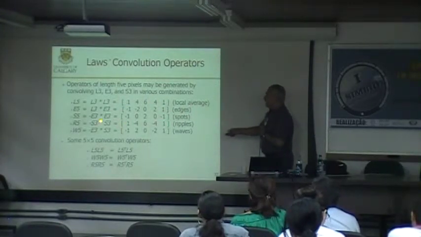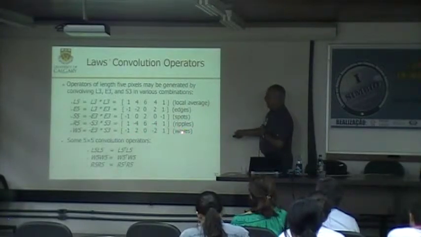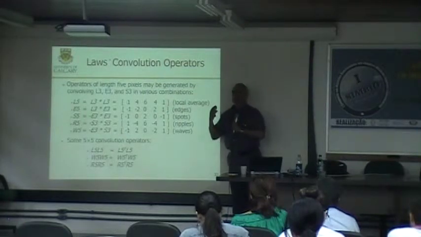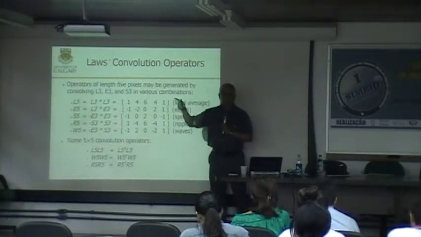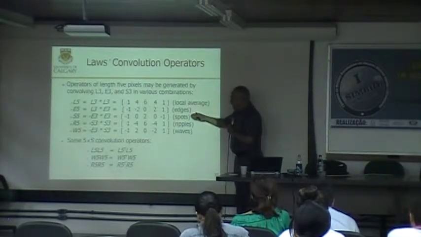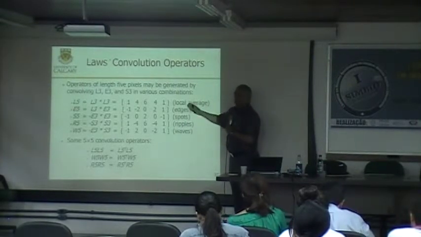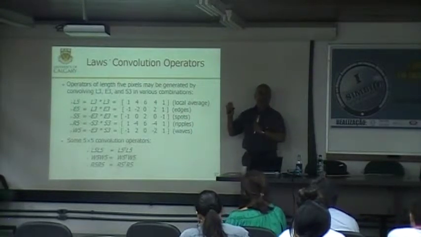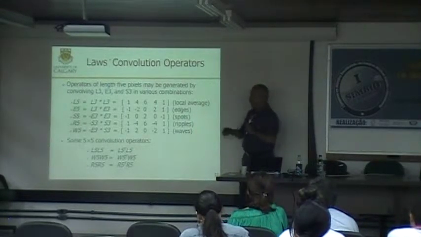And then he said this is S3 convolved with S3, minus S3 convolved with E3. These, he said, are for ripples and waves. So you are detecting patterns in the image, not tumors and not blood vessels and so on, but generic patterns, edge, spot, ripple, wave. These are the basic patterns that Laws said we should look for in images.